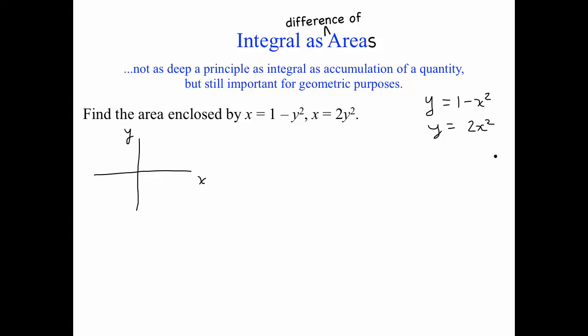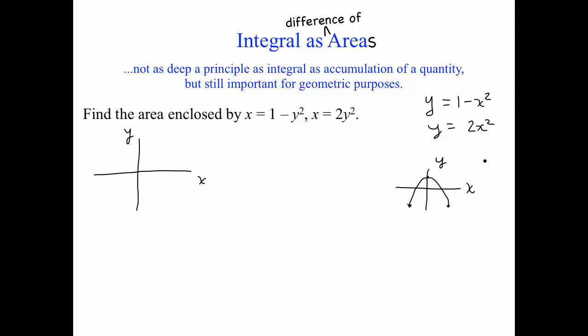Y equals 1 minus x squared opens up or down? Opens down with a vertex at 1. So what does it do? It opens on the negative y-axis, starting from y equals 1.